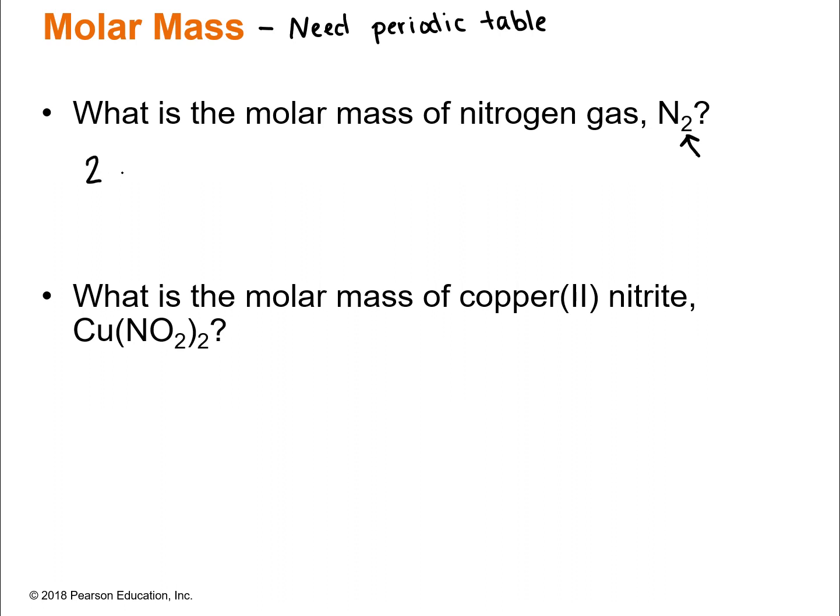So we can write this as we've got 2 moles of nitrogen, and each of those moles weighs 14.007 grams. In essence, all you're doing is 2 times 14.007. But I want you to see how it works out with the math and the units.